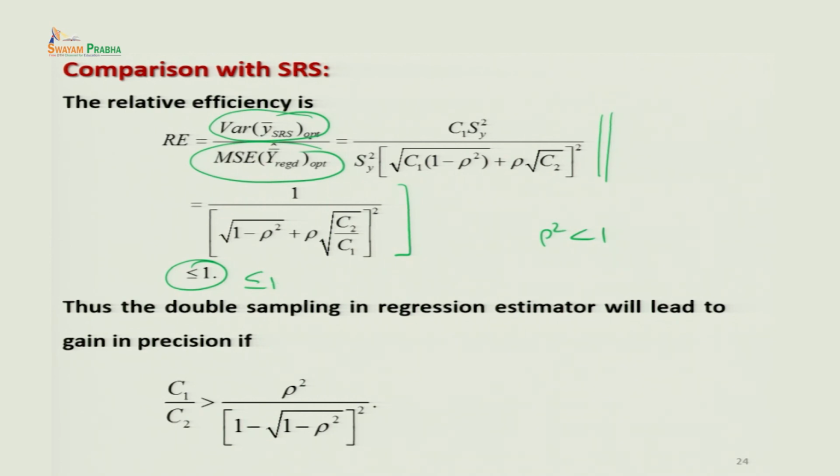So I can say that double sampling in the regression estimator will lead to a gain in precision if C1 upon C2 is greater than rho square upon the square of 1 minus square root of 1 minus rho square. That is the condition.